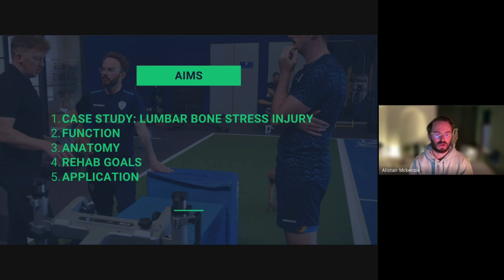So what we'll do is briefly go through the key elements of lumbar bone stress injuries relative to fast bowlers and this player, look at the function of the spine and how it is utilized in sport, and how we need to restore it from a rehab point of view, consider the anatomy, and then from there create some rehab specific goals and go through some applications.